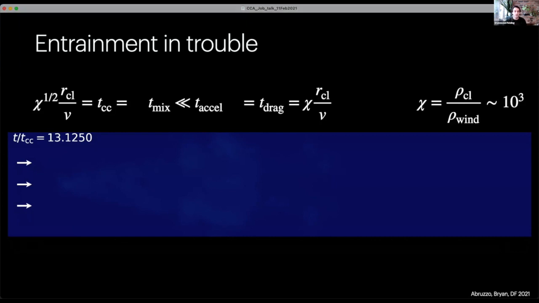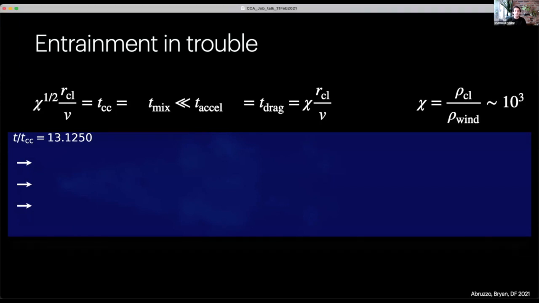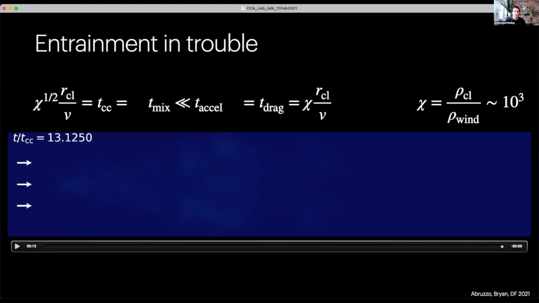And for these galactic wind systems that we're interested in, this is often a value of 1,000, but sometimes it's even higher than that, of about 10,000 or so. Okay, fine. So this cloud is going to be shredded and it's going to lose mass at a rate given by roughly the cloud mass divided by the mixing time.